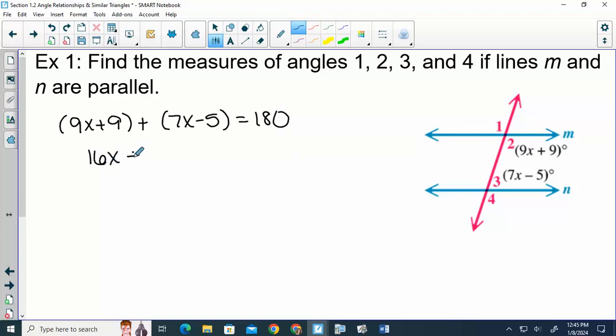X plus 4 equals 180. Divided by 16, and we get 11. So I asked for the measure of each angle. Now we put it in.